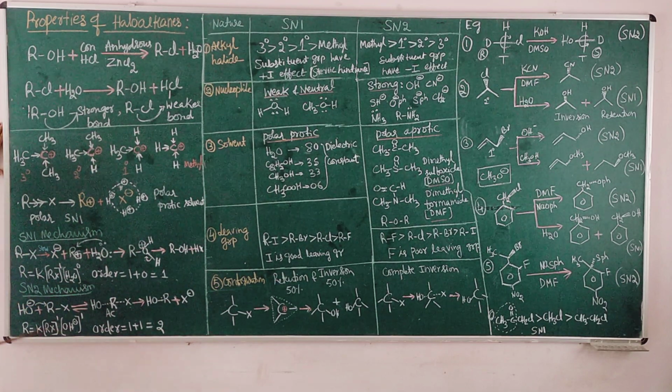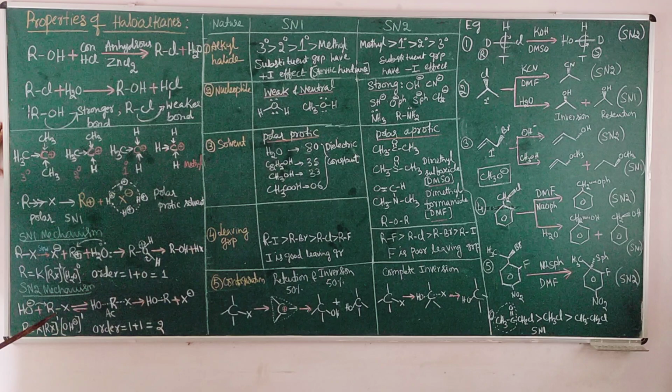What is the SN2 mechanism? In these steps of the reaction, the rate of reaction depends on this. So rate of reaction is equal to the rate constant times the concentration of this reactant and the concentration of this reactant. This reactant is the nucleophile, each to the power of 1.